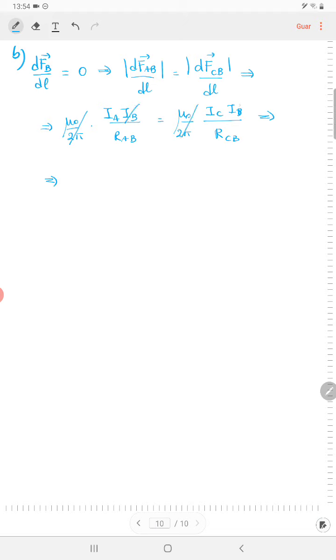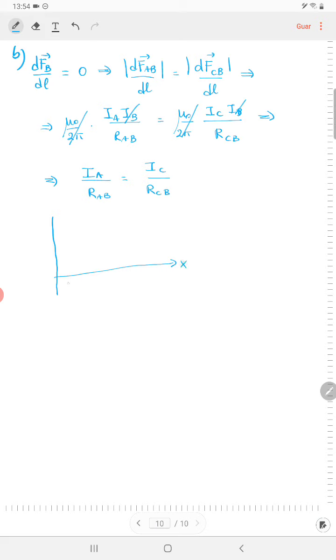Also the current in B, this means that we need to find a place where the current in A divided by the distance between A and B has to be equal to the current in C divided by the distance between C and B.